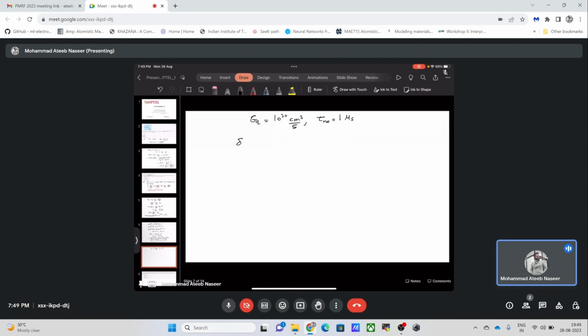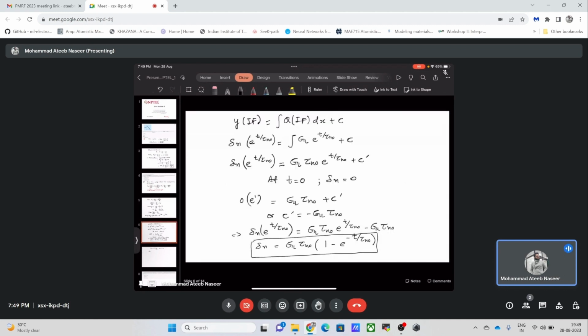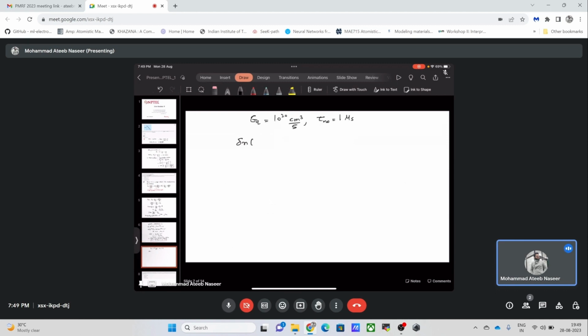So this delta n at t equal to 2 microseconds is simply equal to gl times tau n naught, 10 to the power 20 into 10 to the power of minus 6, into 1 minus exponential of minus t by tau n naught. t is 2 microseconds and tau n naught is 1 microsecond. So the microsecond will go. It is 10 to the power of 14, 1 minus e to the power of minus 2.